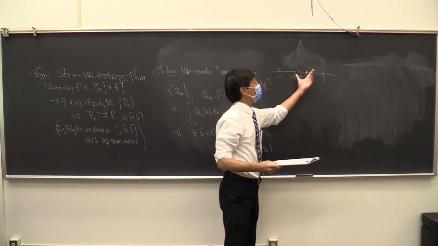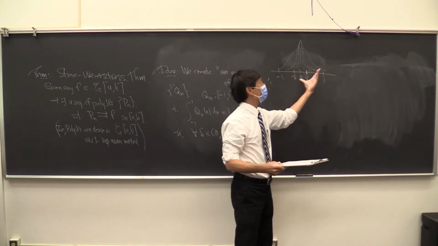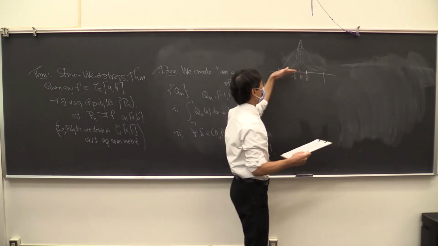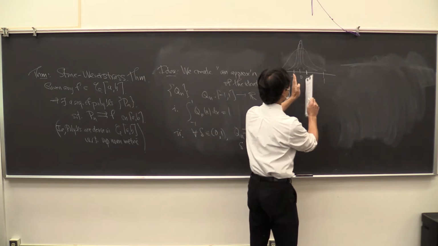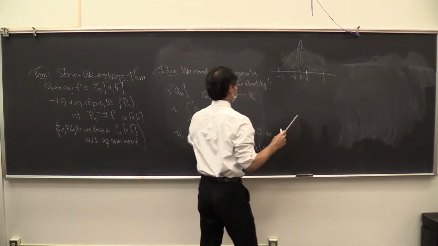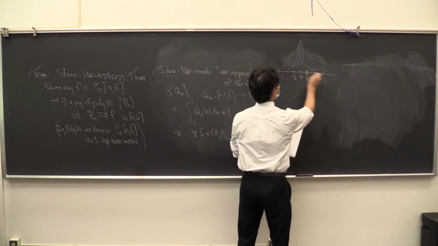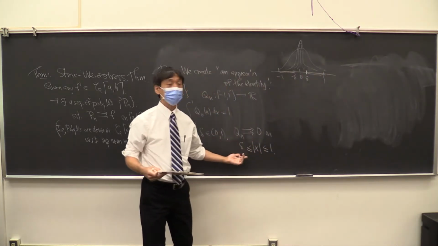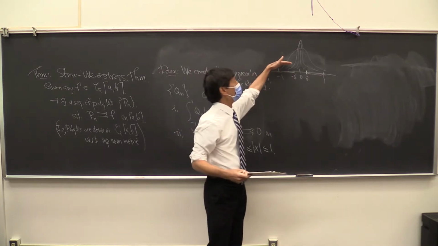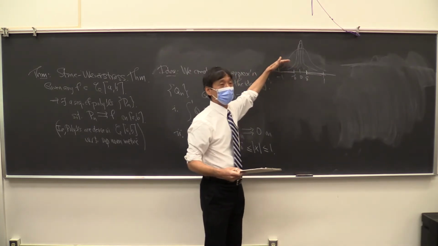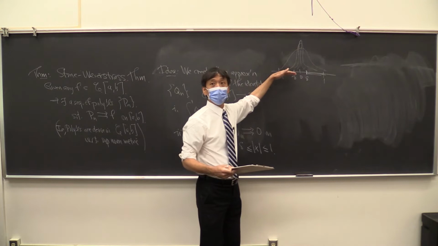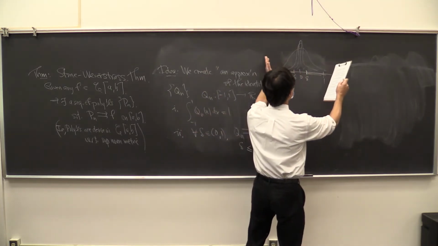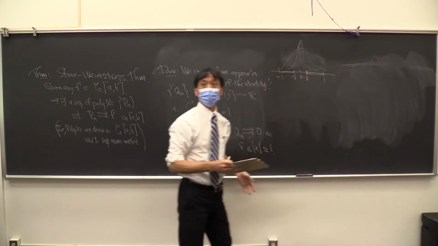As n goes to infinity, the mass becomes more and more concentrated towards 0. So for any fixed delta, we require that on the set where the absolute value of x is greater than delta, the functions converge to 0 uniformly. This is the condition that the mass gets concentrated.